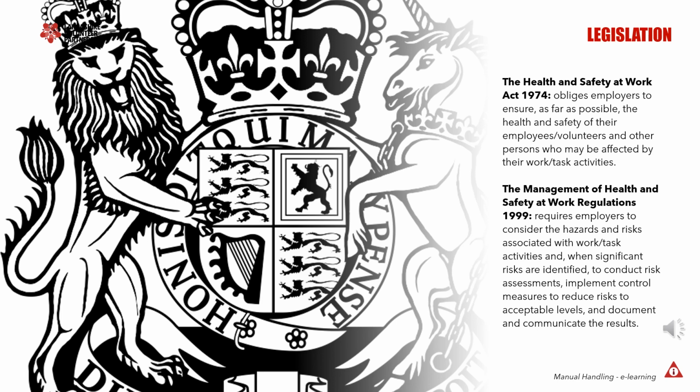The Management of Health and Safety at Work Regulations 1999 requires employers to consider the hazards and risks associated with work task activities and, when significant risks are identified, to conduct risk assessments, implement control measures to reduce risks to acceptable levels, and document and communicate the results.